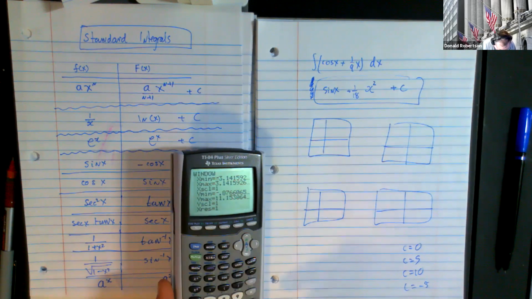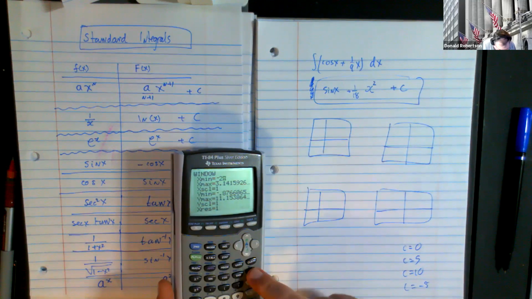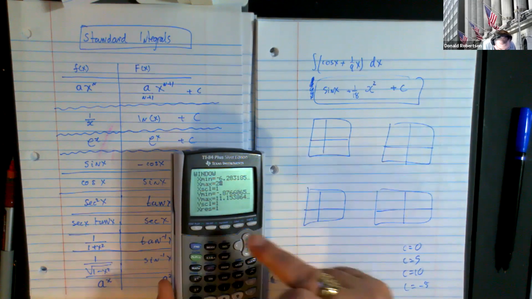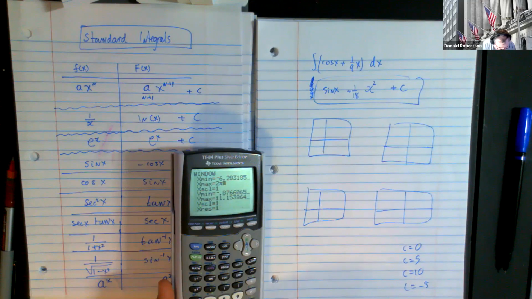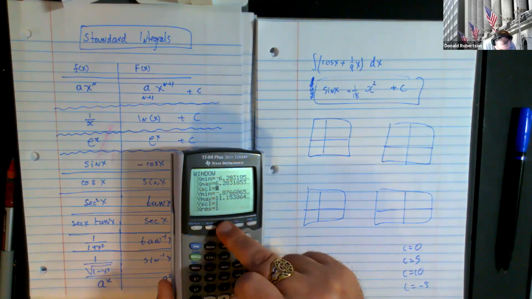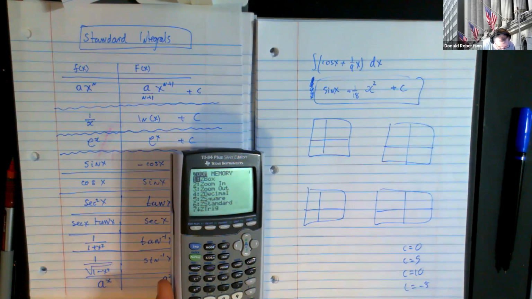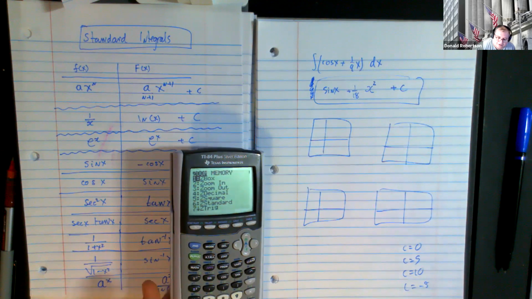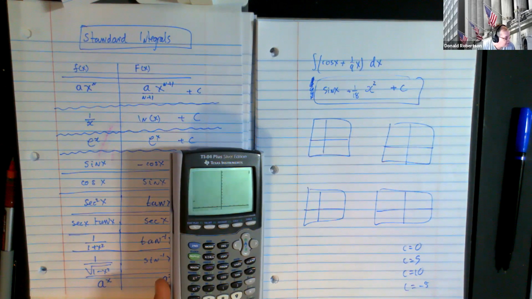And I'm noticing that their window is probably a little bit bigger than mine. So I'm changing that to -2 pi to +2 pi. And we stare for 5 minutes. I must have a really slow calculator.